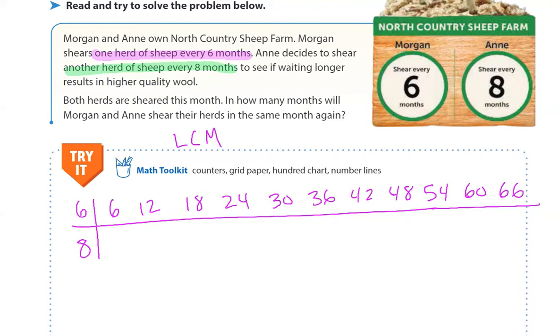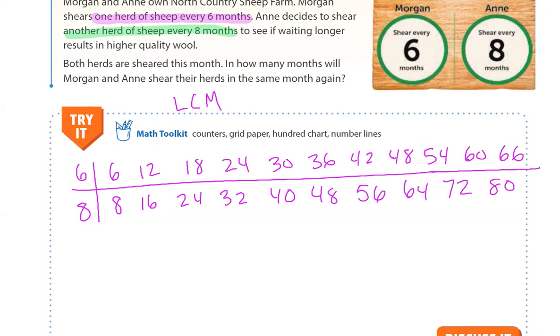I'm going to slap my phone for my clapping. 8, 16, 24, 32, 40, 48, 56, 64, 72, and 80. Yay. Okay, I need to practice those again.